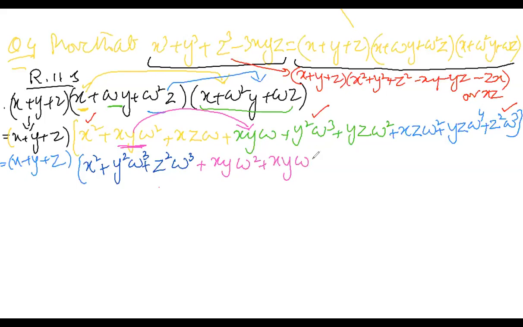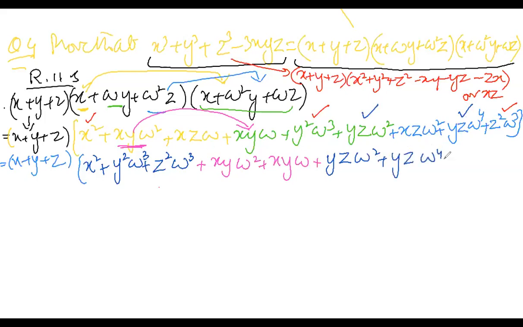Then similarly, now I will take the other values. Other values we have yz, y and z. This is yz, we have this value, and similarly yz we have this value. So I will take yz omega square, then plus yz omega 4.